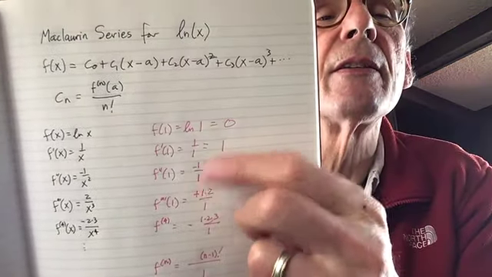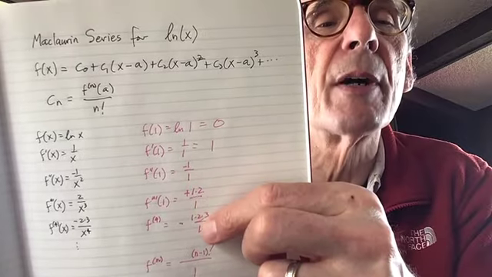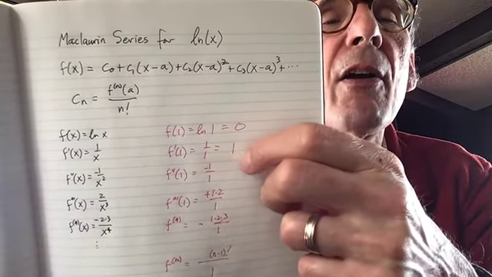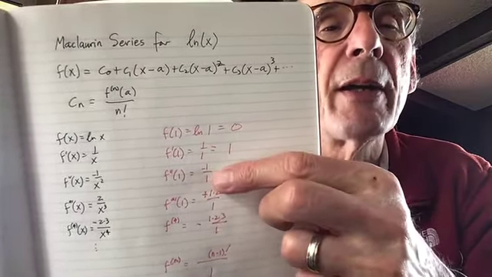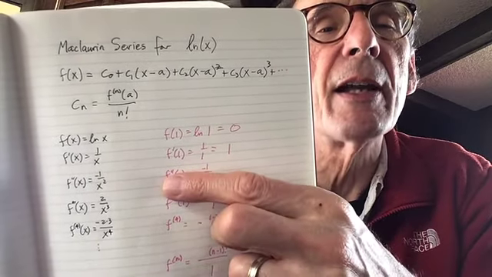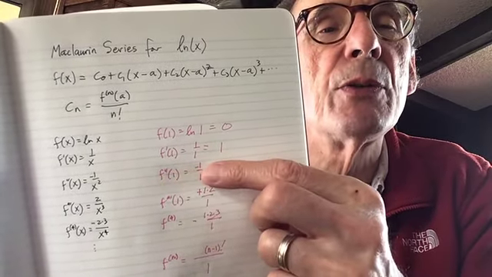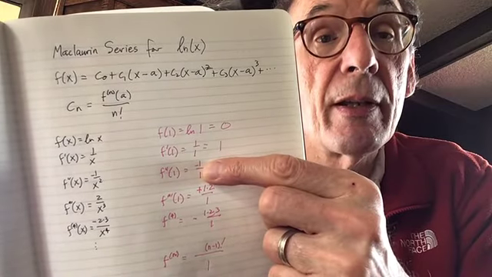So the general form here is going to be the nth derivative is, it's going to have 1 on the bottom and n minus 1 factorial on top. And then the signs are going to alternate. So you get plus, minus, plus, minus. And the way you get that alternating sign is by taking minus 1 to a power. Now, it's not to the nth power. Here, n would be 2, minus 1 squared is 1.